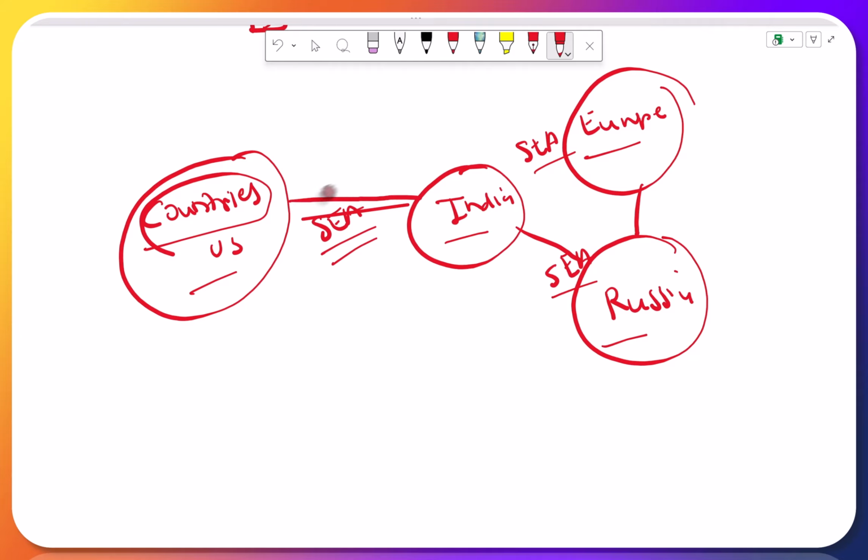There are a lot of wires running underground in the sea, which we can't even see, because they run very deep. So all these countries are connected with internet cables, and via these the data will pass.